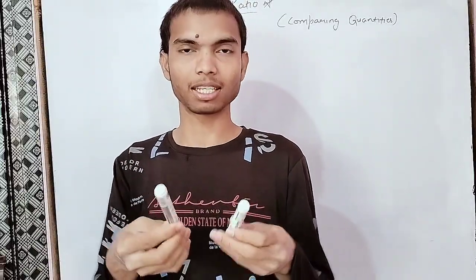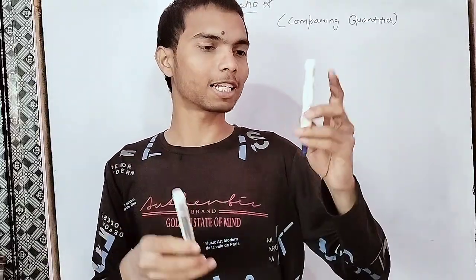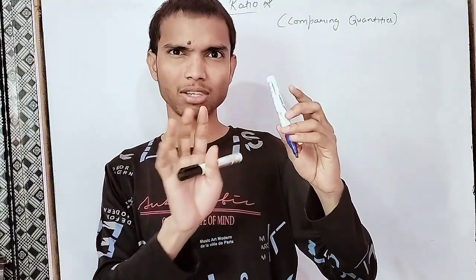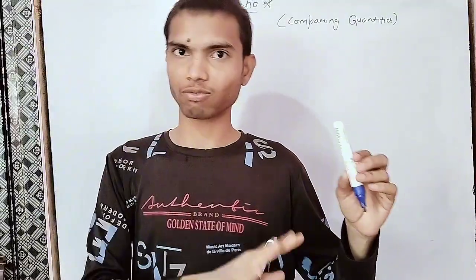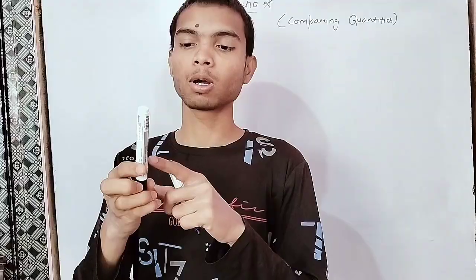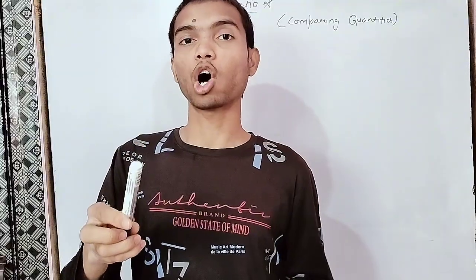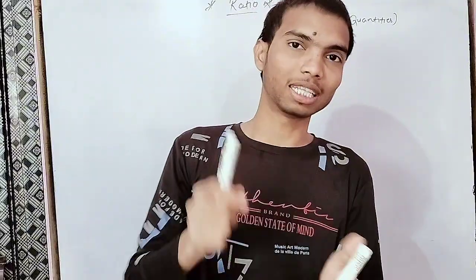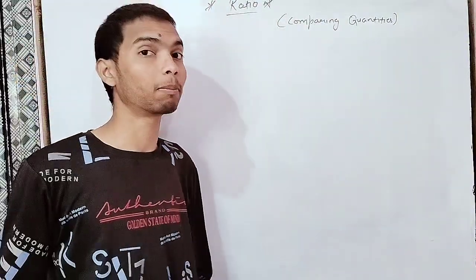And you also can expand this conversation by saying that the price of this is how much less? 5 rupees, and the price of this is how much more than this marker? You would say 5 rupees more than the price of the blue marker.